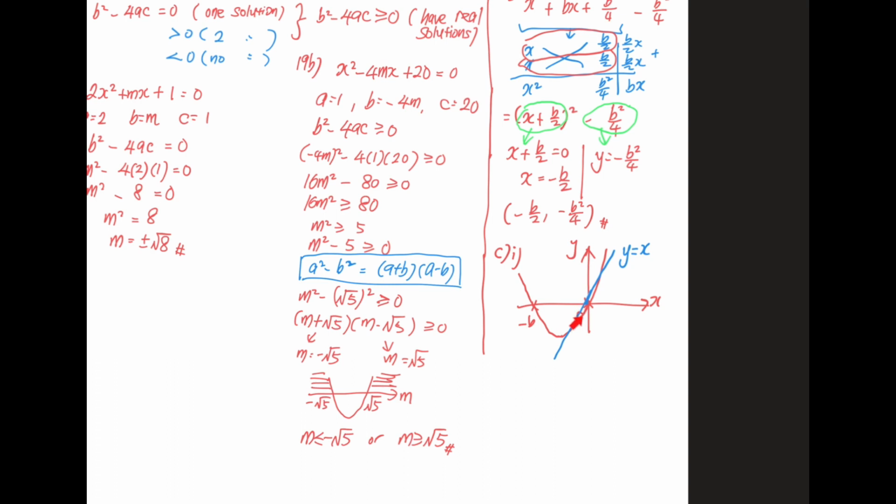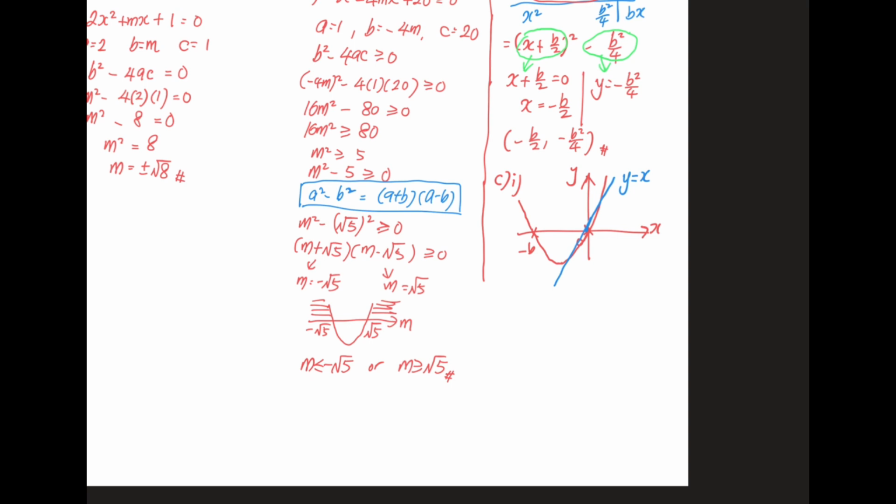So we should expect a few intersections here. Maybe there are one or two, it depends, because the graph can be like this also. This is one possibility. The second possibility is the graph can be like this also. Let's say this is the origin. In this case, we have only one intersection.